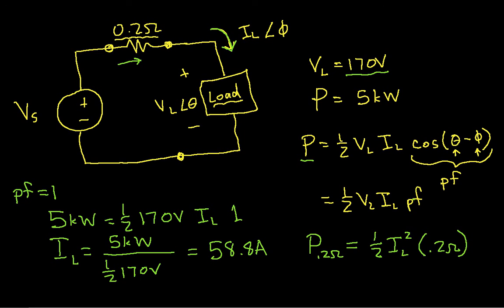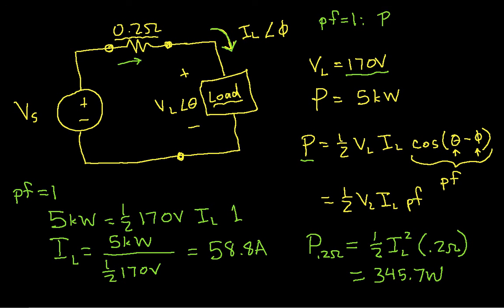Okay, IL again is the peak current, and because this is the peak current in a sinusoid, the average power is given by 1/2 IL squared times the resistance, which is in this case 345.7 watts.